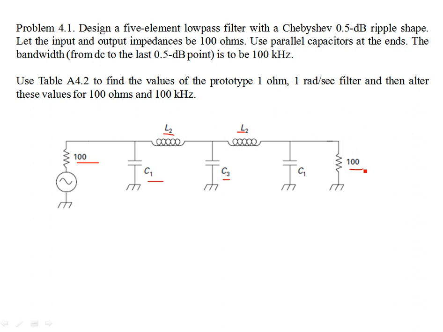Now, the other thing is that the response of the filter can be Butterworth, that is, it can have a monotonically decreasing frequency response in the transition band and a flat response in the pass band.